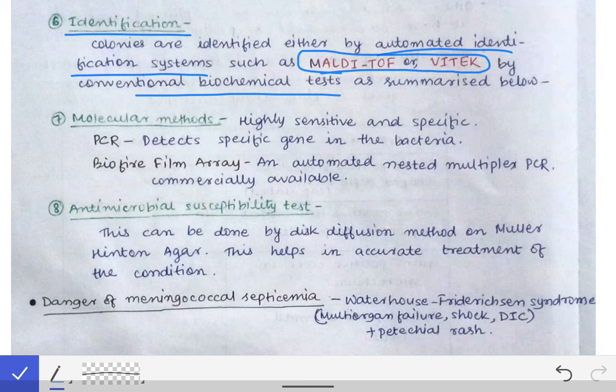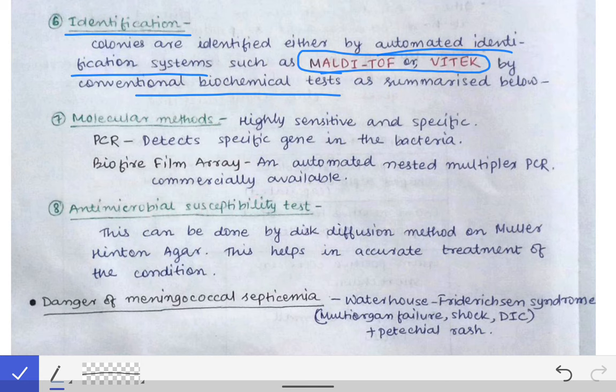We generally use the MALDI-TOF and the Vitek automated systems because of the increasing loads of samples in the laboratory, and also it is easy to do in the automated identification systems.